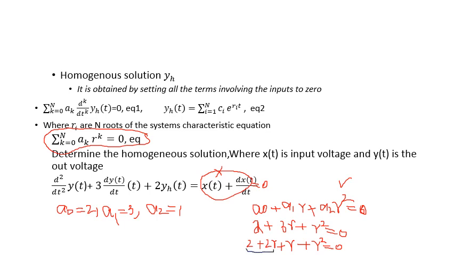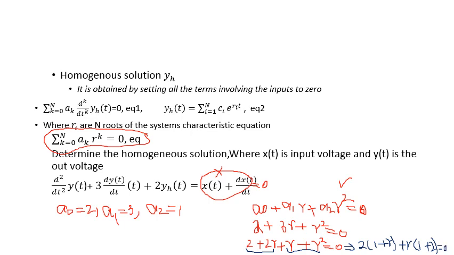You understand, 2 is common here and r is common here, so if I take this common, I'll get 2 times (1 plus r), and again we can take (1 plus r) common, and this equals 0.